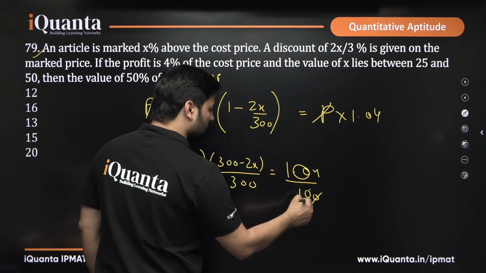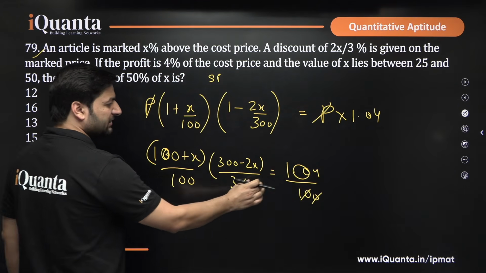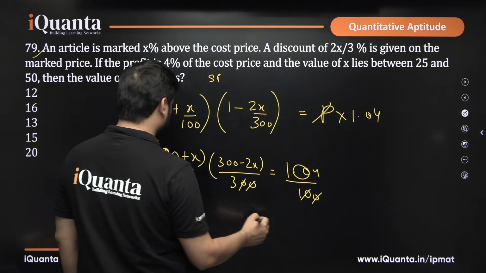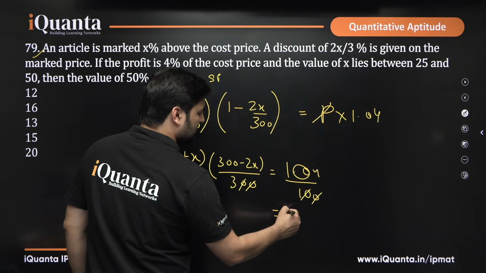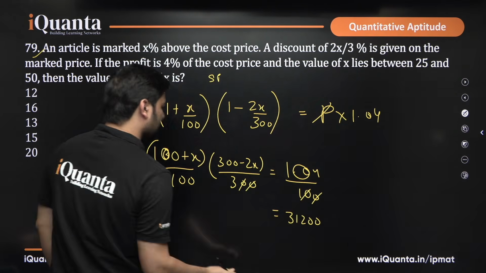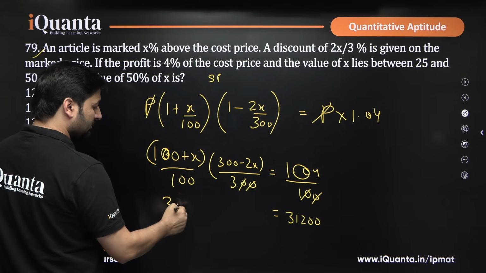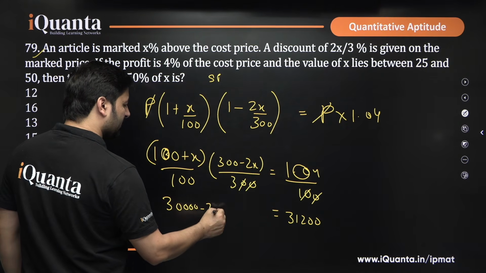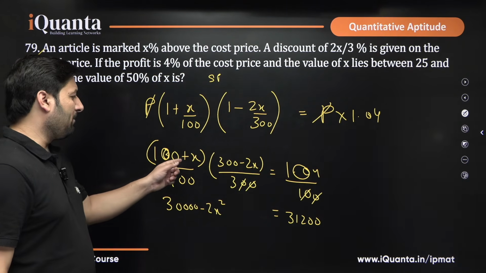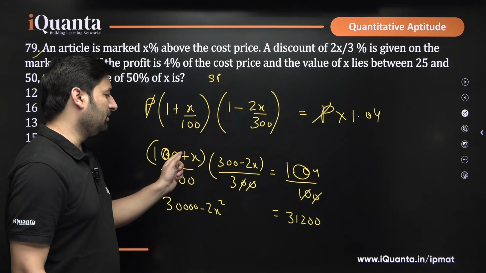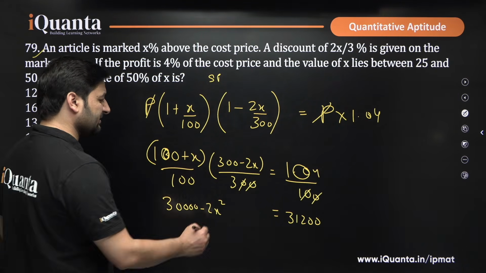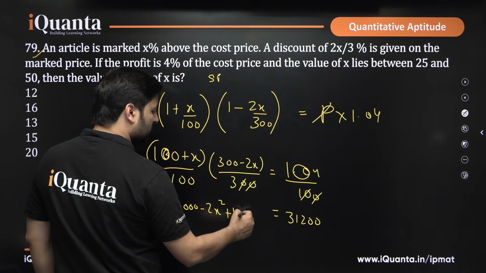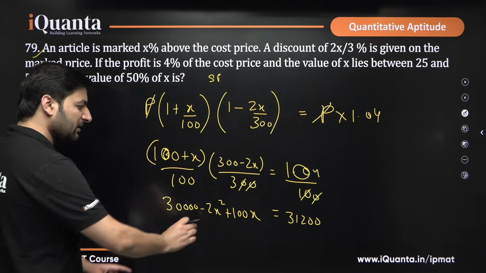Two zeros will be cancelled, you get 300 here, 300 into 104 is 31200, right? Here you get minus 2x square, and then minus 200x plus 300x, that means 100x, isn't it? This is what you get.